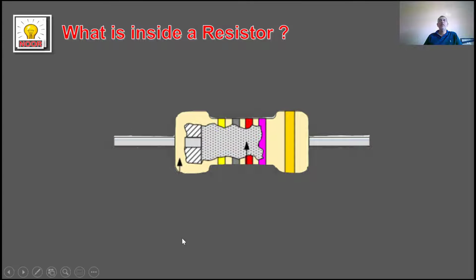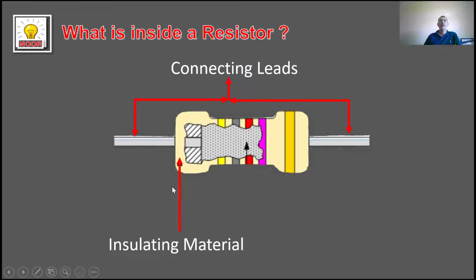So really, inside of the resistor, we have on both ends nothing but the connecting leads, and then the material covering the core of a resistor is insulating material and some coating material.